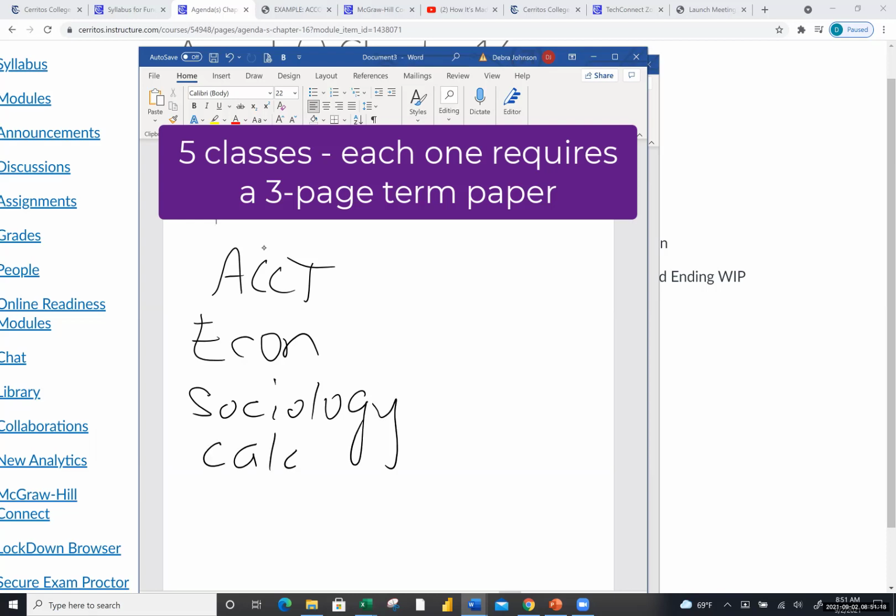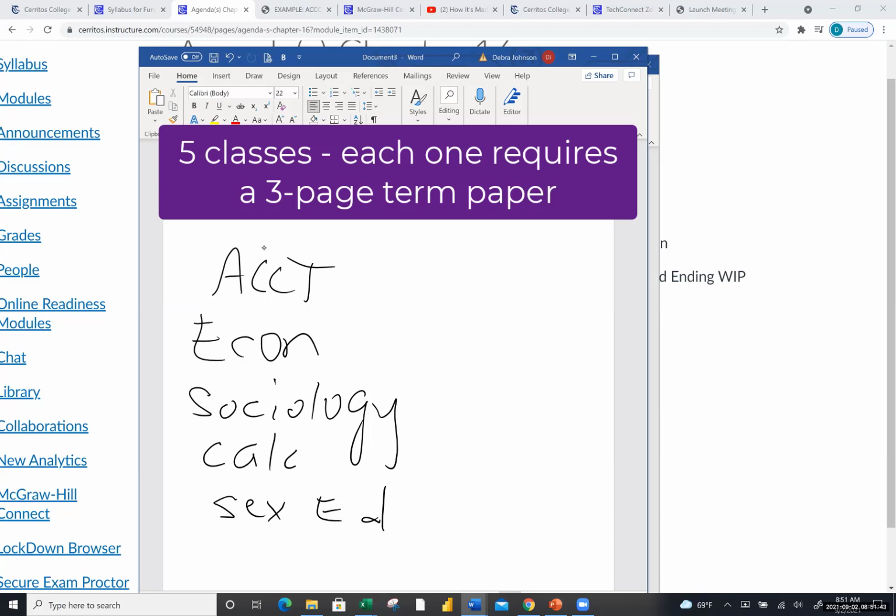I'd hate to be doing the homework for this person. And then just to make things interesting, you have a sex ed class. Okay. And each one requires a 3-page paper. To 100% finish all the products you're making on this research paper, if each one had a 3-page paper, you would have to do 15 pages worth of writing to finish up your term paper.